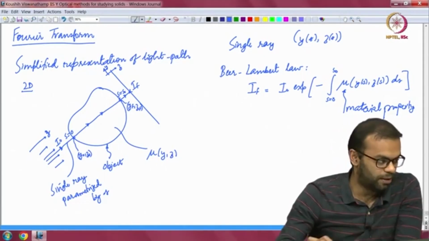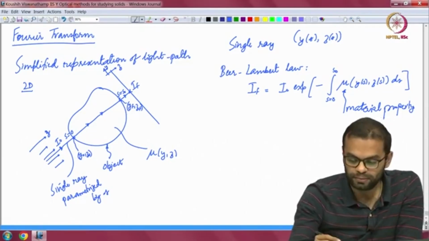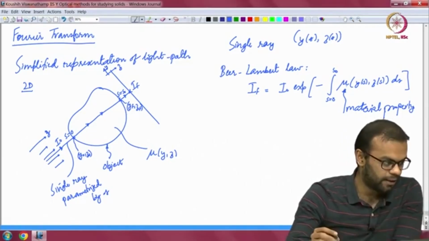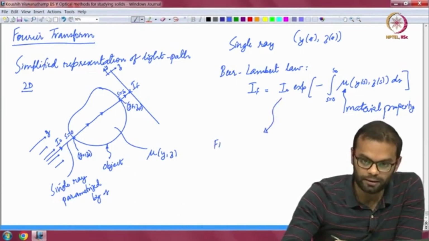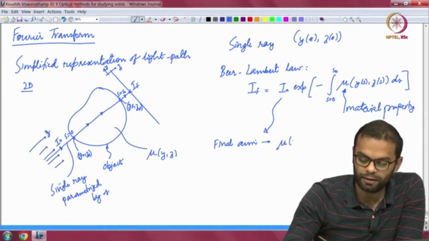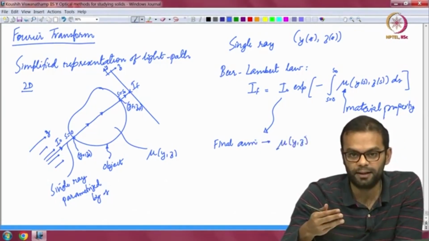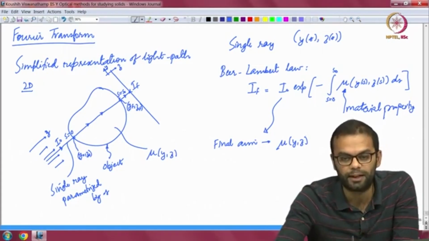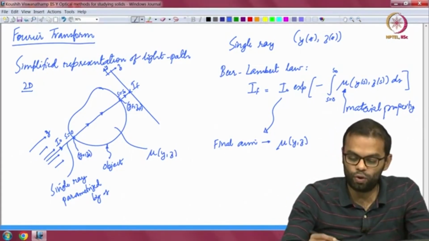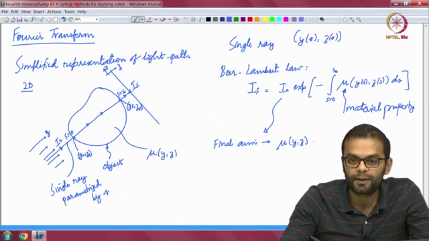So now we will talk a little bit more about this mu. The final aim, like we said, is to be able to determine mu of y z. So that is in this plane, and if you look at subsequent planes below, you have an x dependence also coming in. So you want to be able to recover this, right.